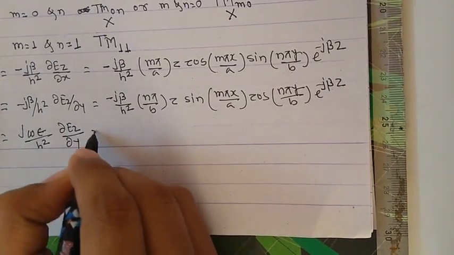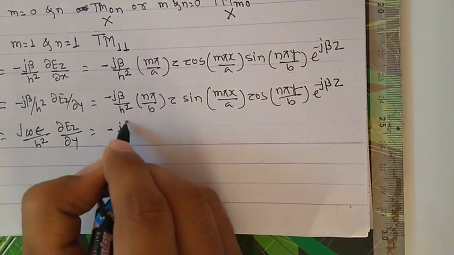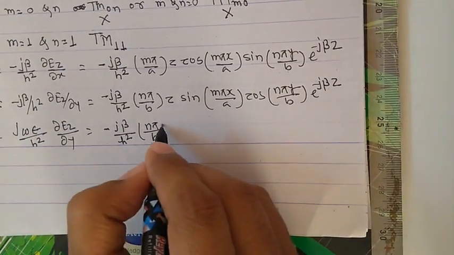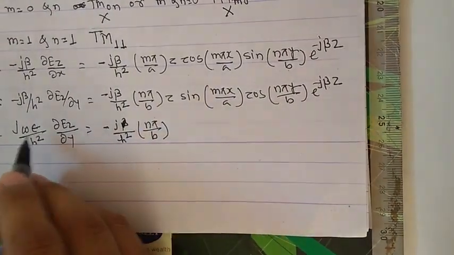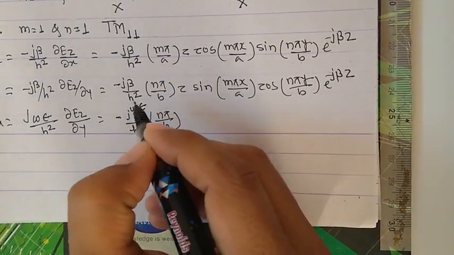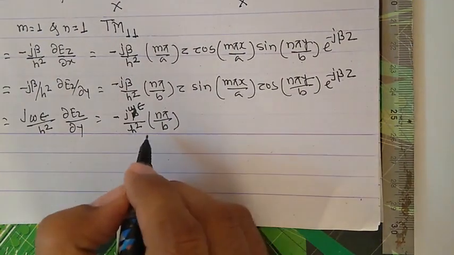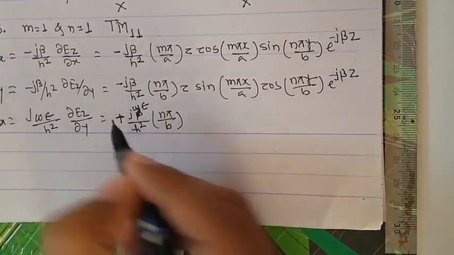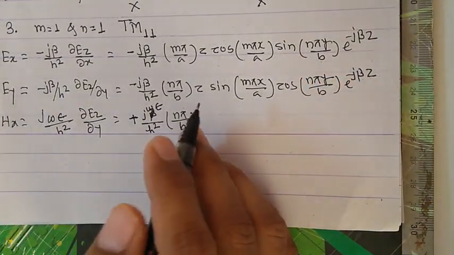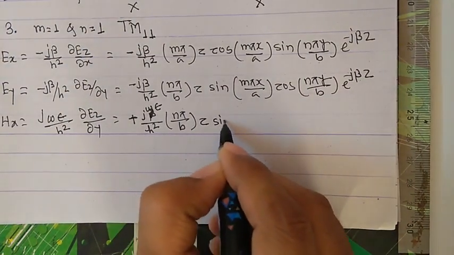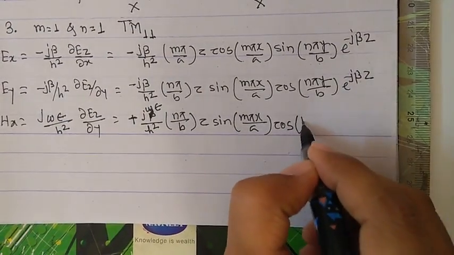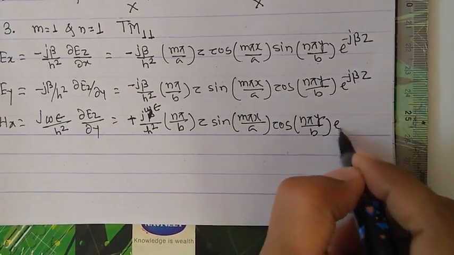So it is quite easy to write down now: minus j omega epsilon, please correct this, j omega epsilon upon h square, and this is plus. So j omega epsilon upon h square, n pi by b, C sine m pi x by a, cos n pi y by b, e raised to minus j beta z.